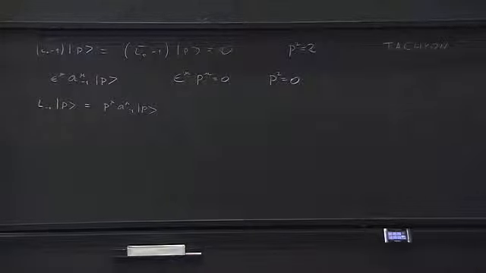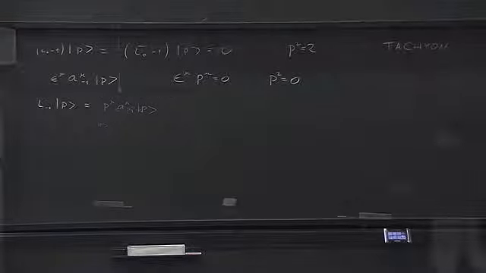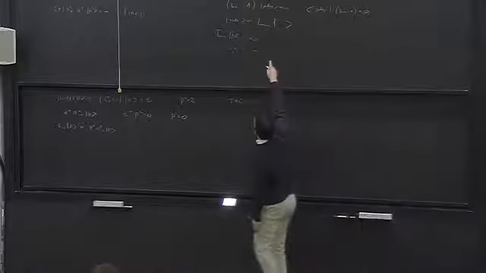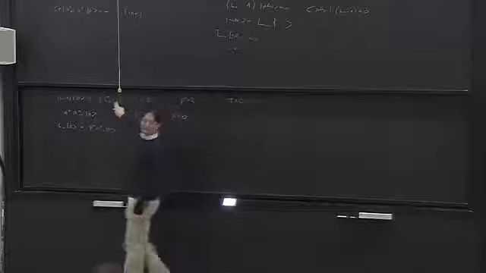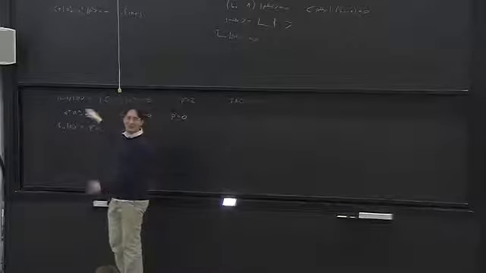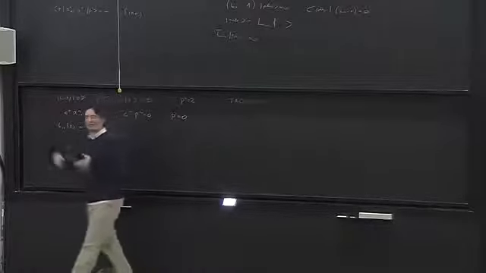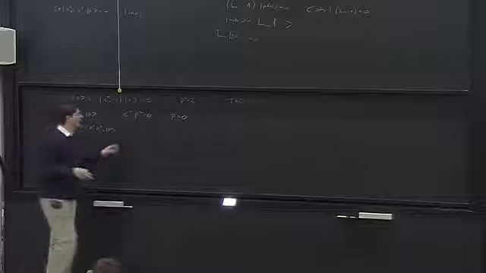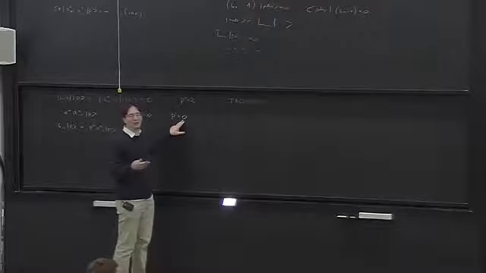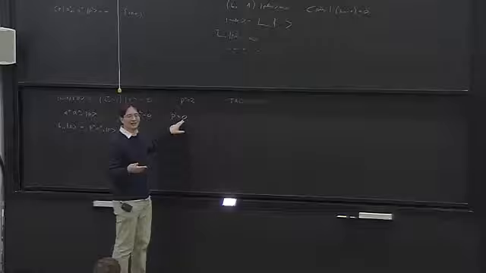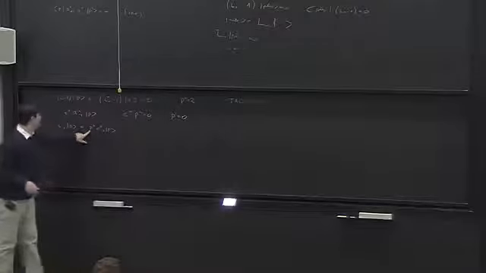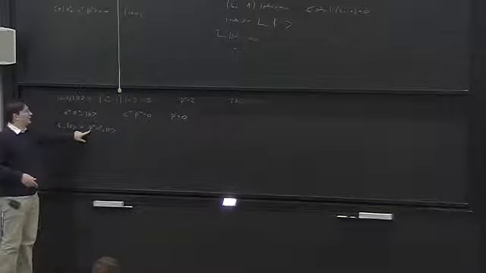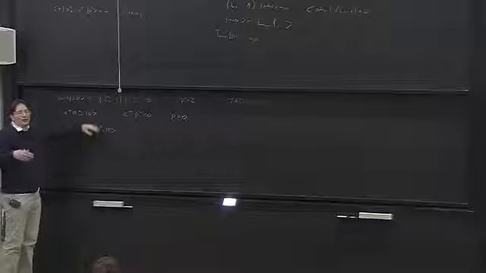Now, this happens exactly because this number is minus 1. Had it been minus 26 over 24, minus 1 over 24, whatever, then you would get a p squared different from 0 for these states. And then these null states would not also have been physical states.